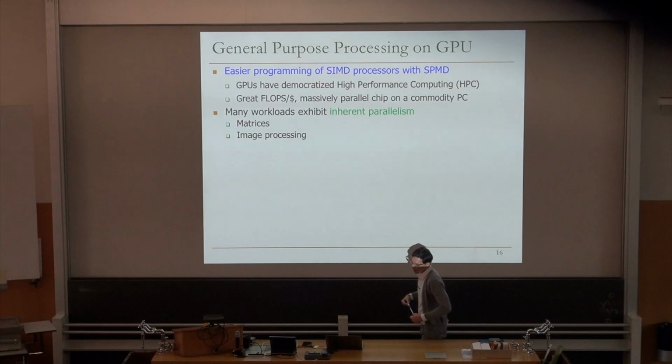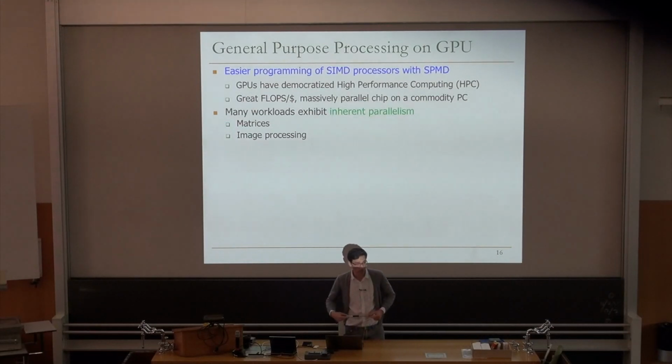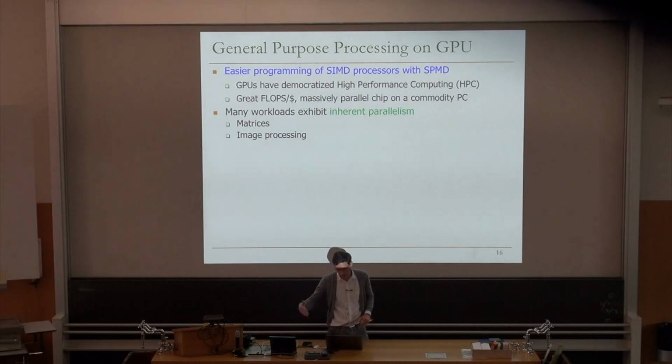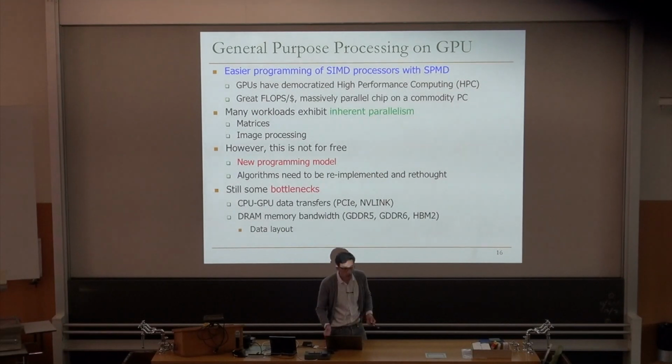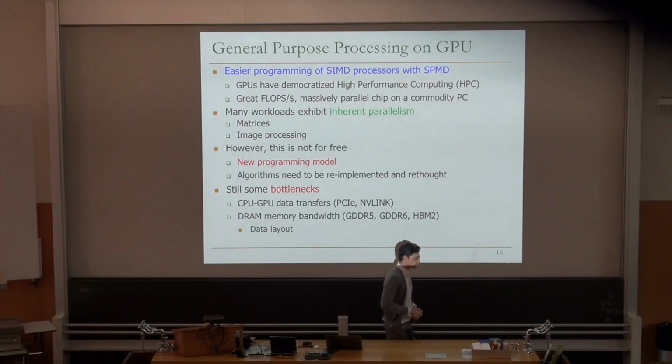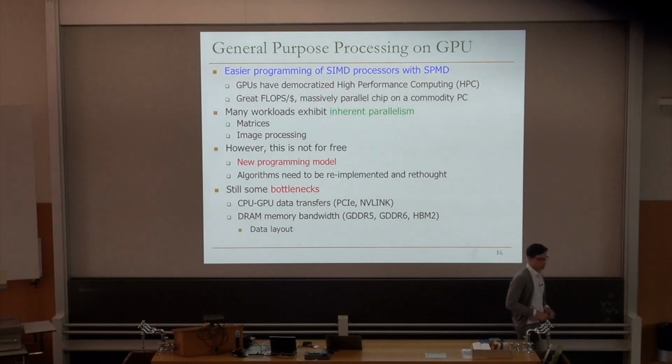In all of them we have a huge amount of data parallelism that can be exploited by all these vector lanes, all these streaming processors that we have in current GPUs. This is not that easy, obviously, because we need to learn how to program them, but it's not that difficult, as you will see. And we will still have some bottlenecks.